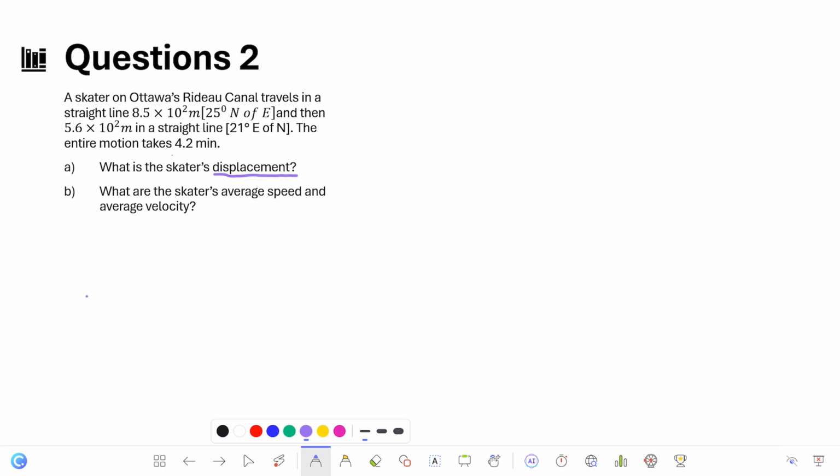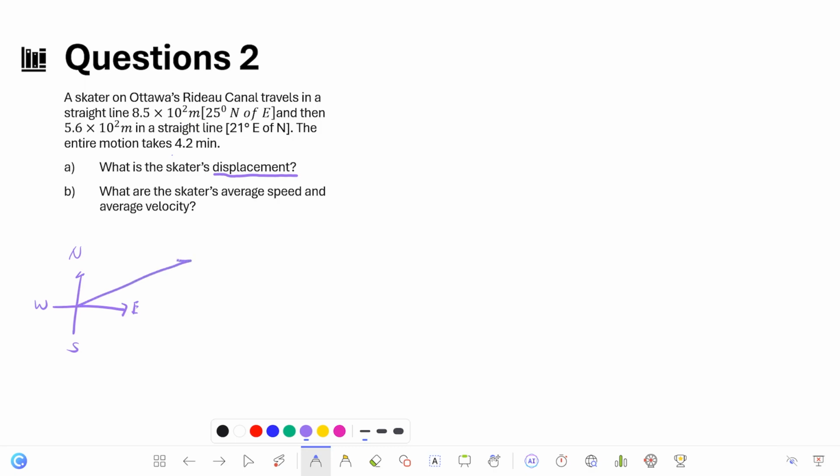First, this is where the skater started. Let's say we have a direction as reference: north, east, west, and south. 8.5 times 10 to the power of 2 meters means 850 meters north of east.